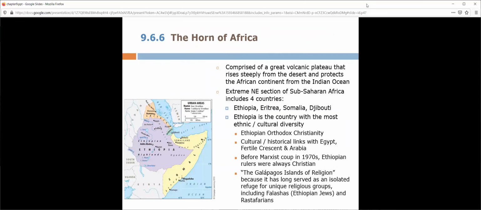Horn of Africa, Ethiopia, and Somalia. Somalia is trade, Djibouti. Ethiopia is sort of the only bastion of not absolutely terrible in this particular region. It's the only country that wasn't colonized. I can't remember the name of its very famous Ethiopian ruler.